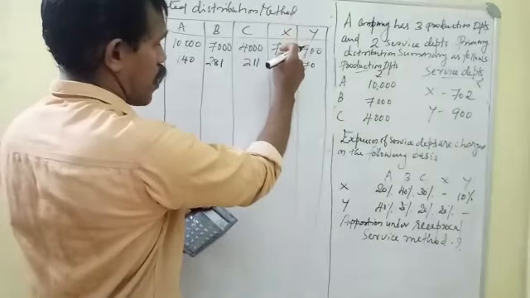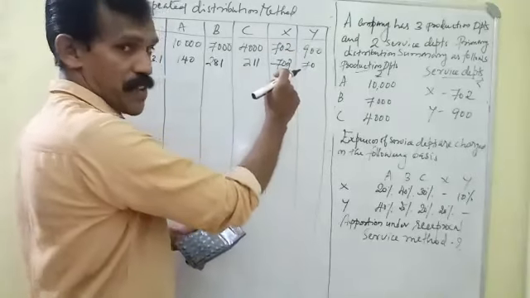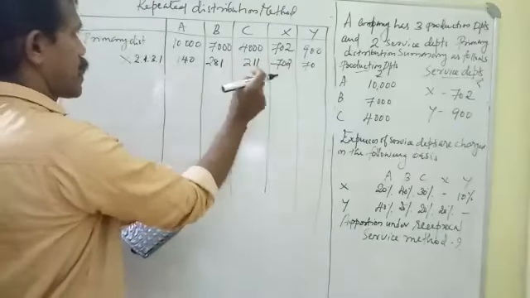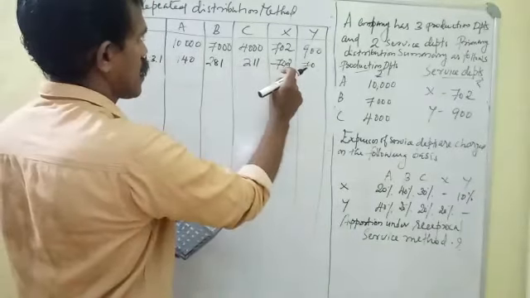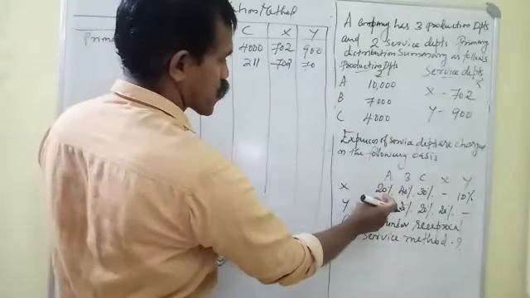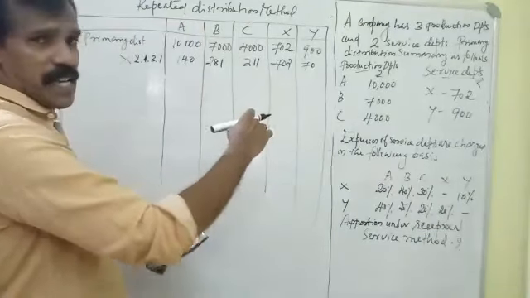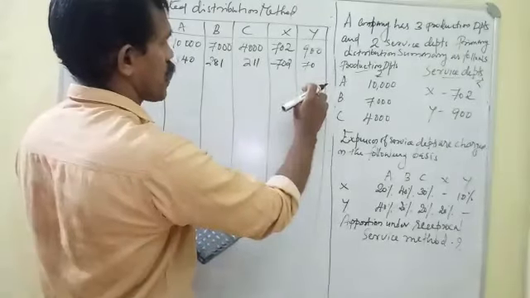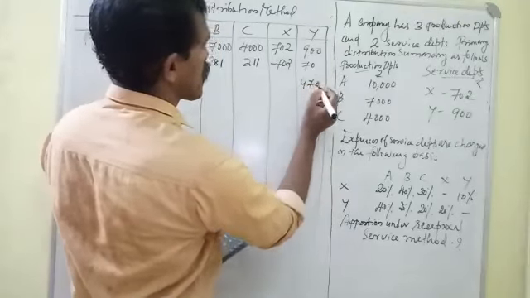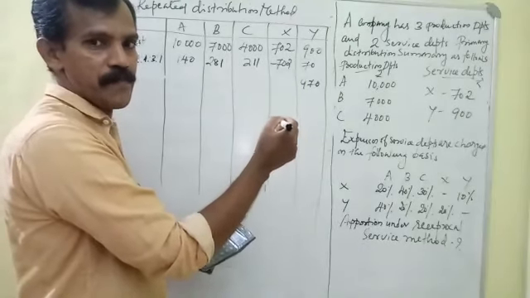The excess overhead total as per primary distribution summary 702. In our first stage we distribute the 702 among other departments A, B, C and this Y on their distribution basis 20%, 40%, 30% and 10%. Okay, then in our second stage what we are going to do is the total of this Y. We know that service department Y 970, 900 plus 70, 970.